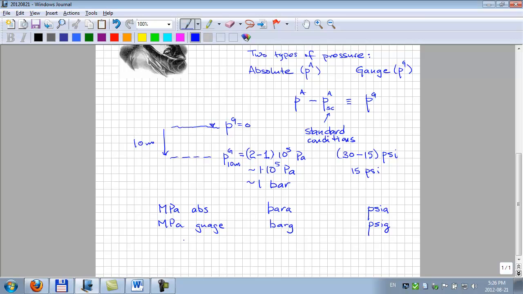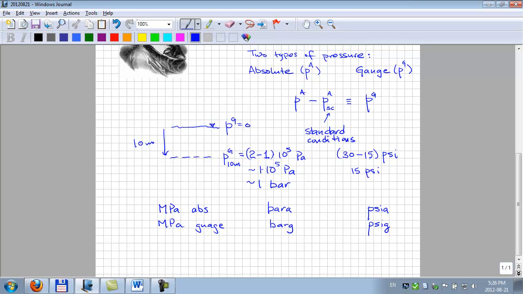But you're obliged to use it, because the difference between 30 and 15 is a factor of 2. Between 2 and 1 is a factor of 2. If the pressure is 5,000 psi, or like in Ekofisk, the field pressure was 7,000 psi when they discovered it, it doesn't really matter if you say 7,000 or 7,015 psi.